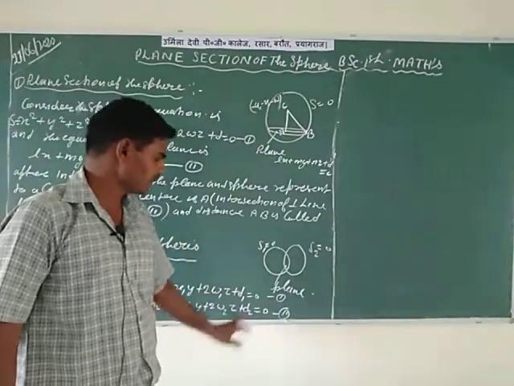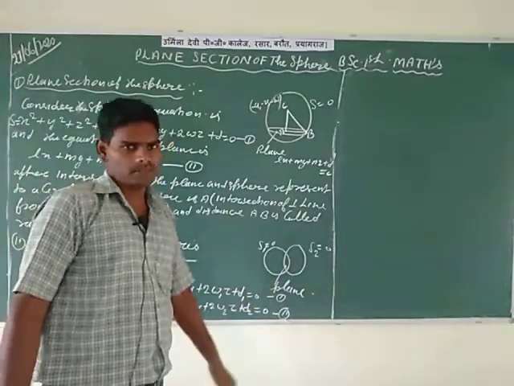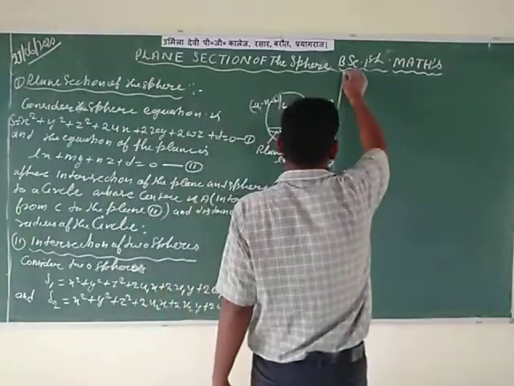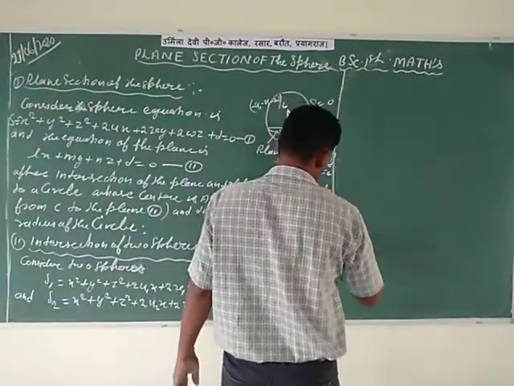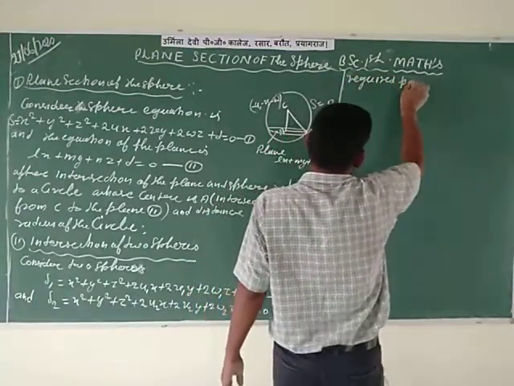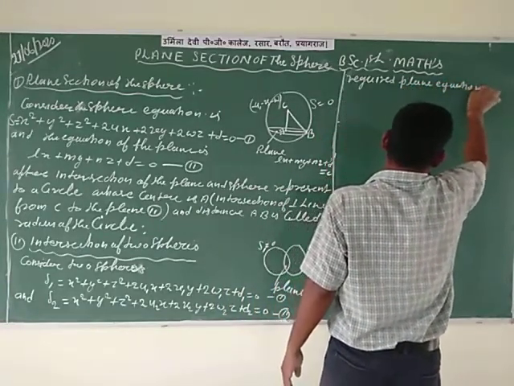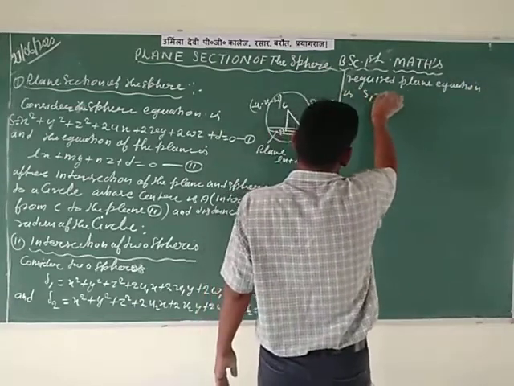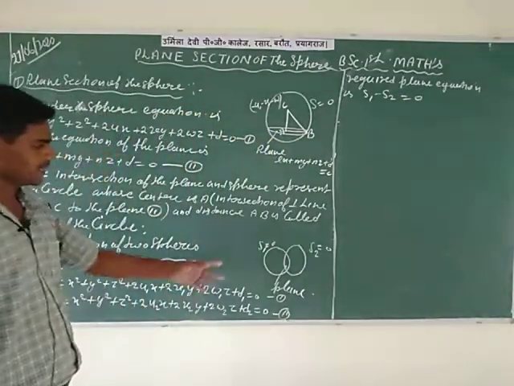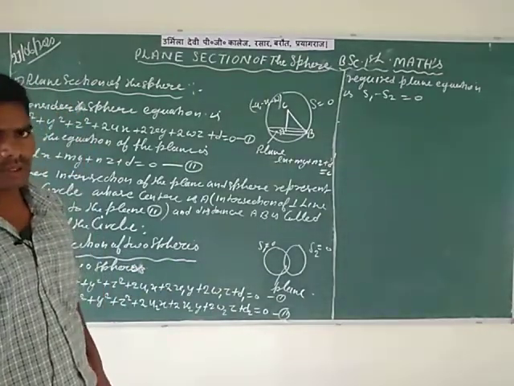From the figure, if they intersect, then the spheres represent a plane, and what will be the equation of the intersecting plane? For this, the required plane equation is S1 minus S2 is equal to 0.